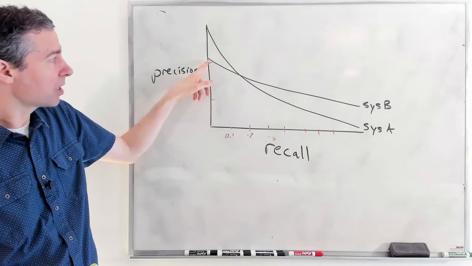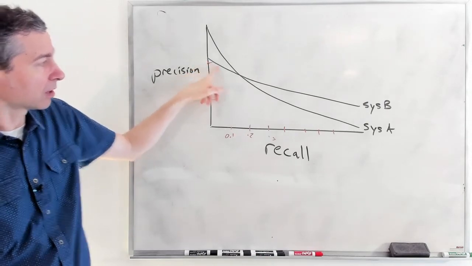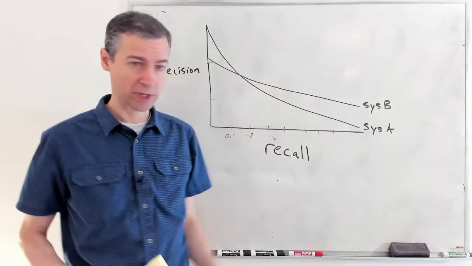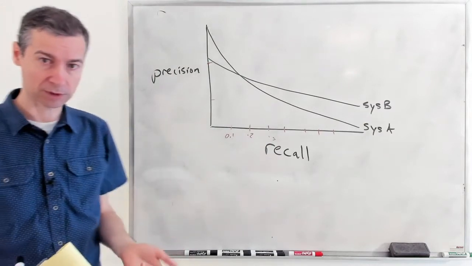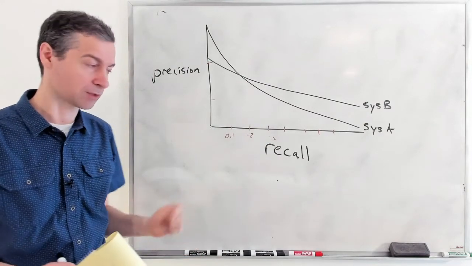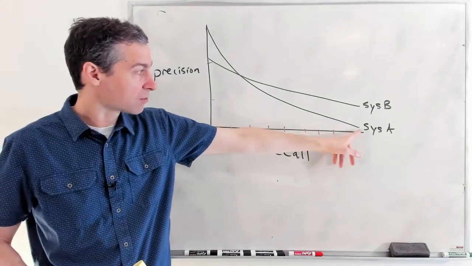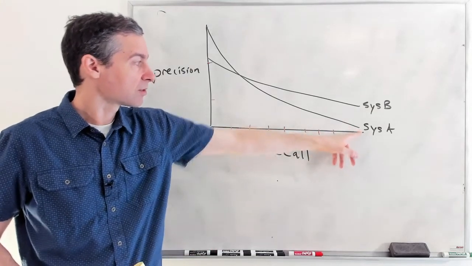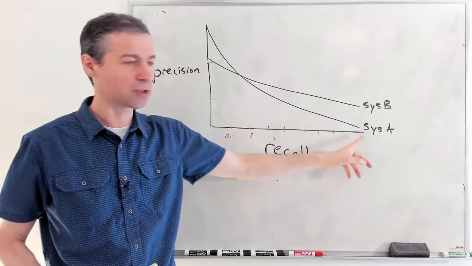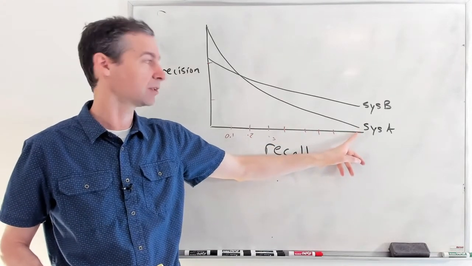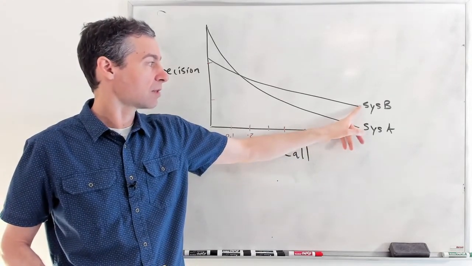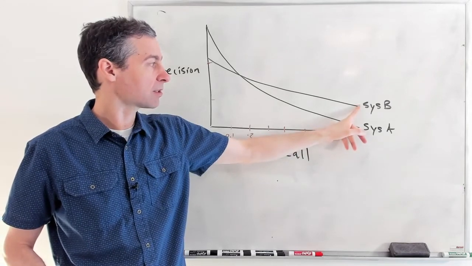Whereas system B does not start off as strong, but it has more staying power. It's better able to find those relevant documents. Because again, with this low precision here, system A, for you to get out there, means you're having to look at lots and lots of documents.